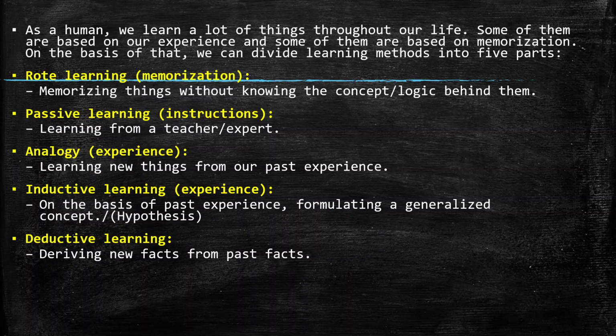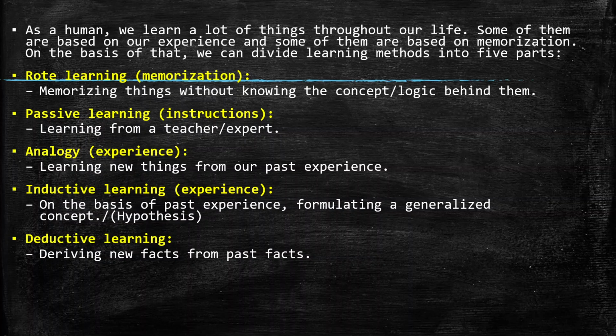Before we move on to see what is concept learning, let us spend some time on how learning happens. For example, human beings, how they learn. As human beings, we learn many things, mathematics, tables, meanings, and many things we remember and we learn.